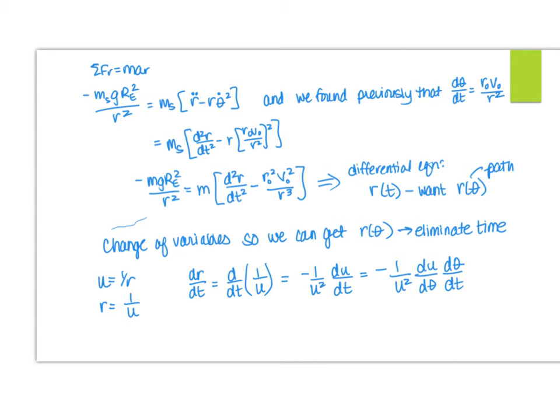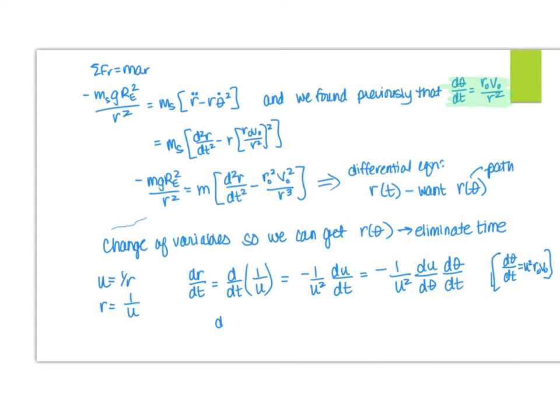And remember from before, we already found a quantity to put in for d theta dt. Using our new change of variables, I can write this as u squared r naught v naught.